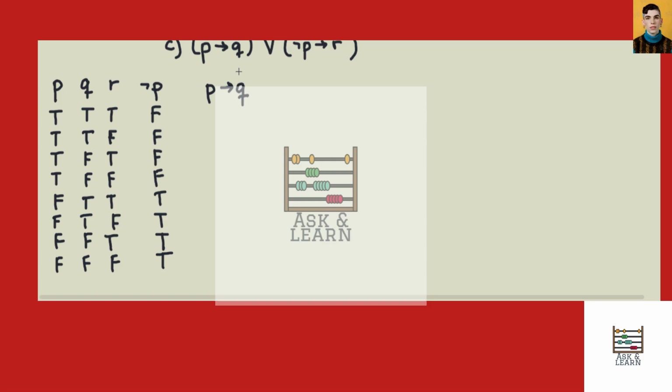It's true otherwise. So we look at the first two columns. True, true is true. True, true is true. True, false is false. True, false is false. False, true. The next four are falses, so it's all true. True, true, true, true.